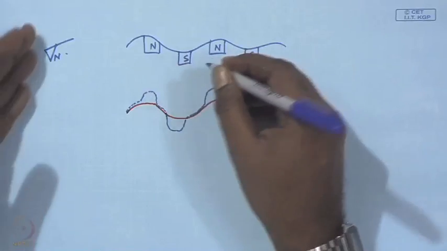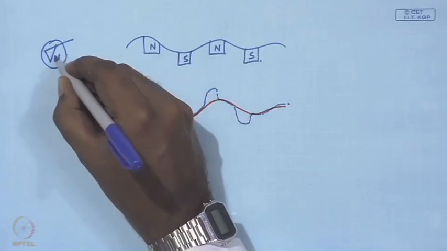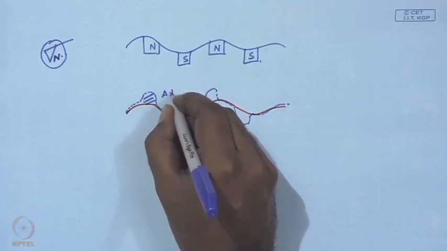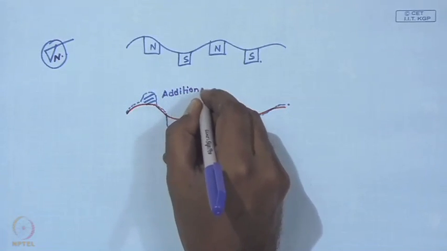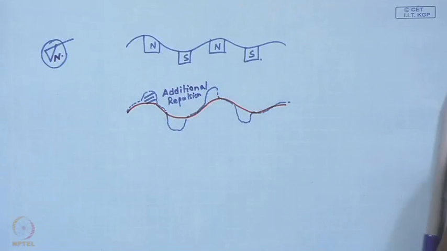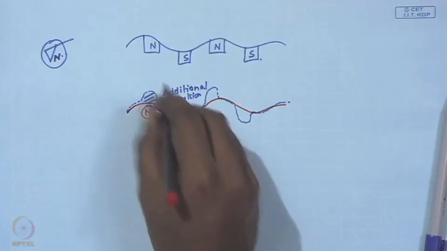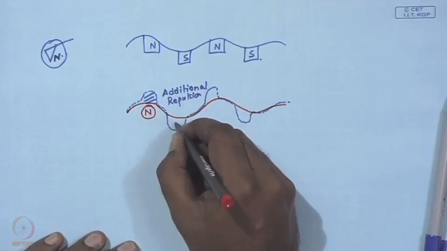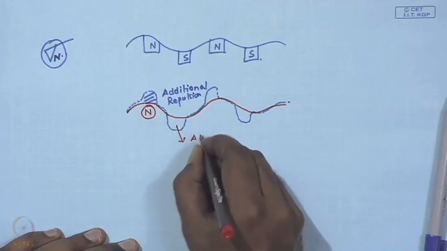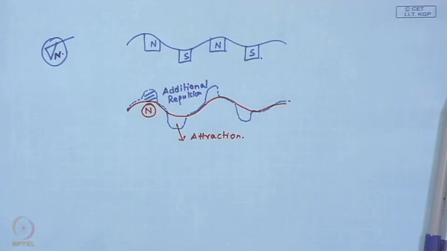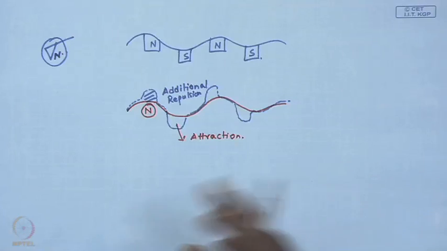Understanding that whatever the magnetic property of the tip was, there is an additional repulsion, this is only possible if there is a local N domain over this surface area. Similarly, here you find that there is some attraction, and this is possible only when you have domains of different magnetism. So this is how MFM works.